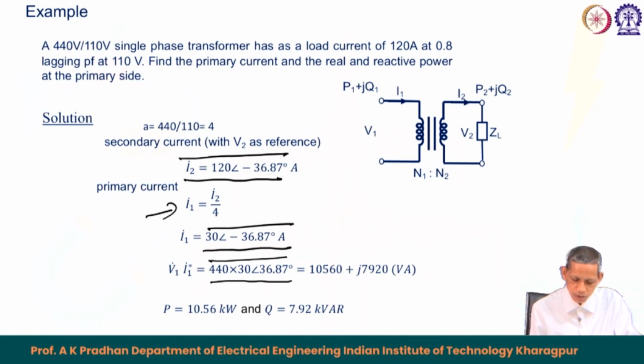This results in P equals 10560 and then the corresponding complex reactive power part 7920 volt ampere. So, real power happens to be 10.5 kilowatt and the reactive power happens to be 7.92 kVAR.